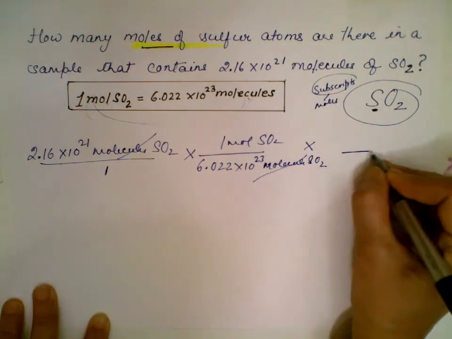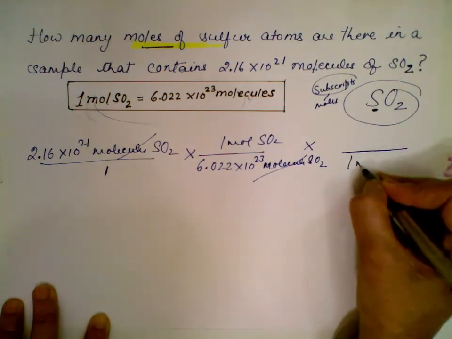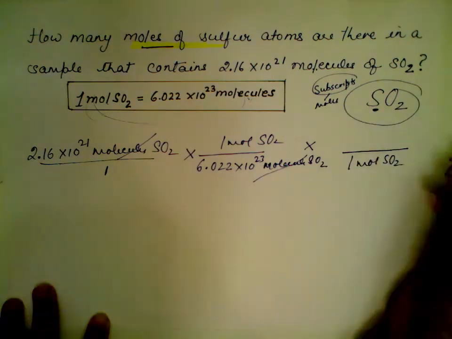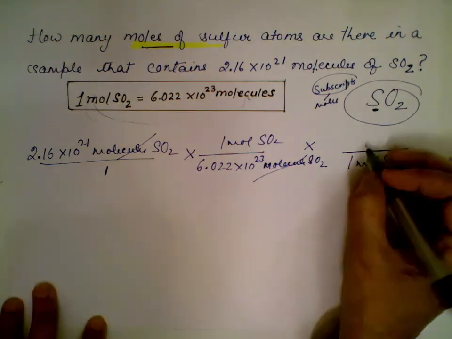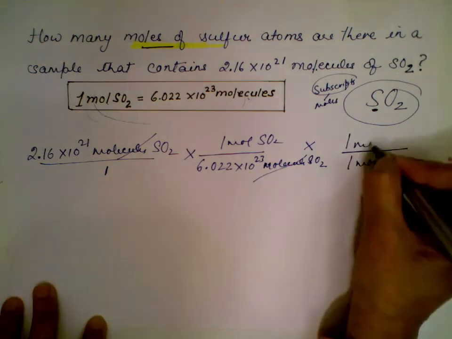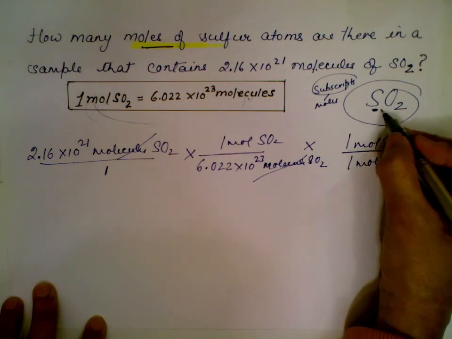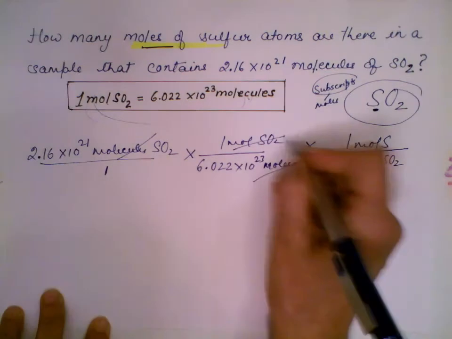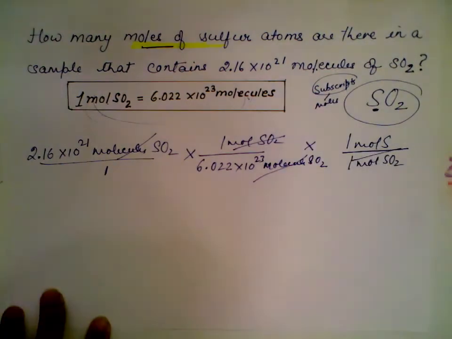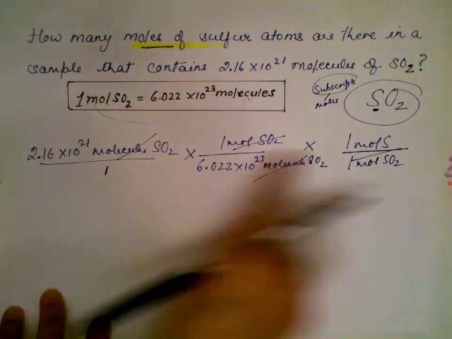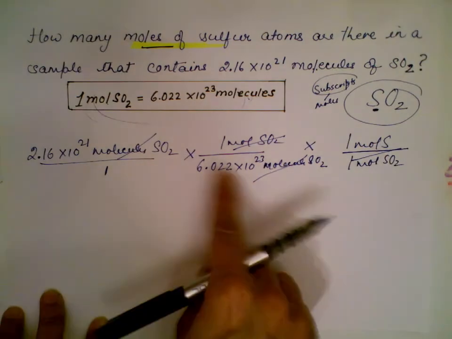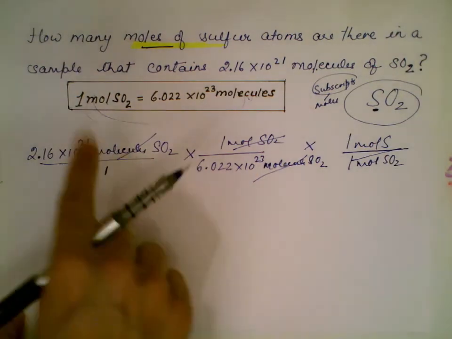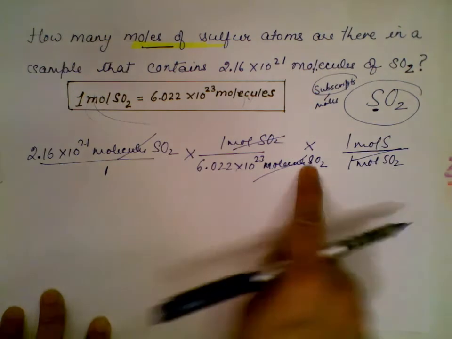In 1 mole of sulfur dioxide, how much is contributed by sulfur? 1 mole of sulfur, since no subscript means 1. Now you cancel out the same units, and multiply the top, divide by the bottom.